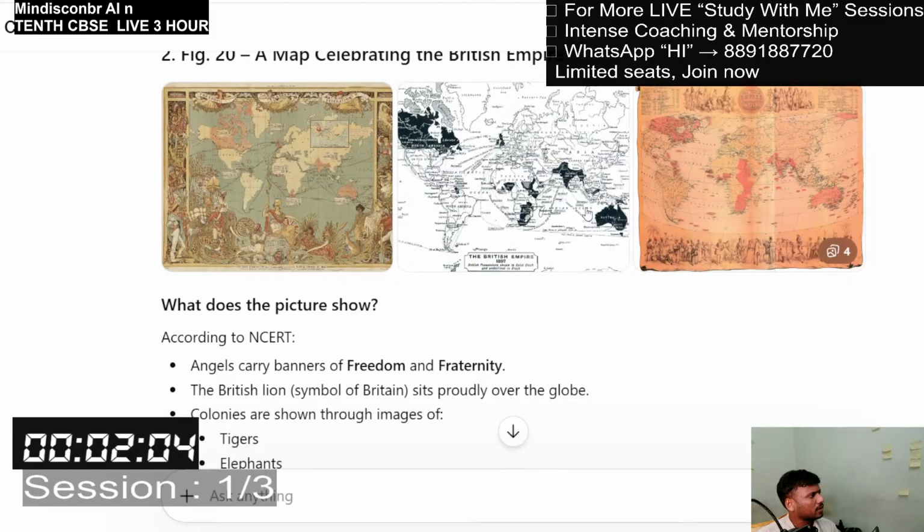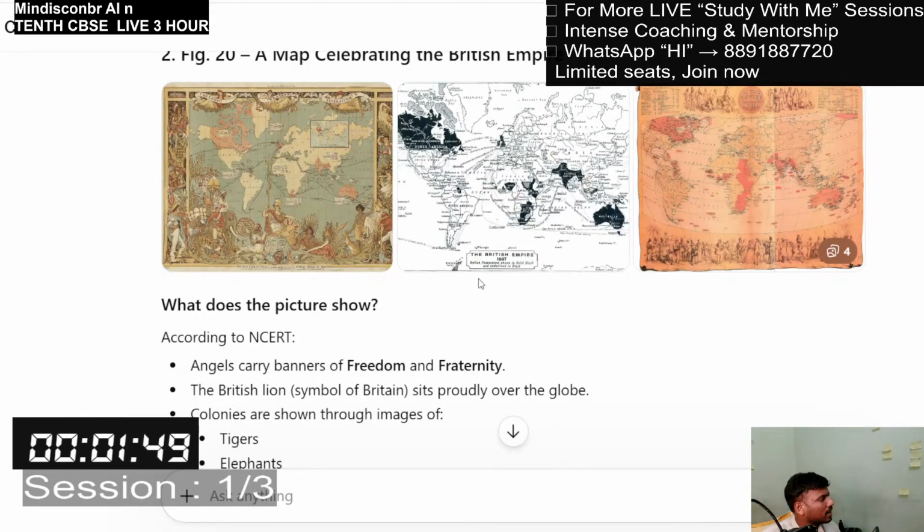A map celebrating the British Empire. What does this picture show? According to NCERT, angels carry banners of freedom and fraternity.